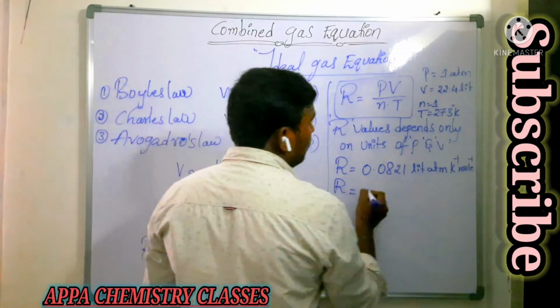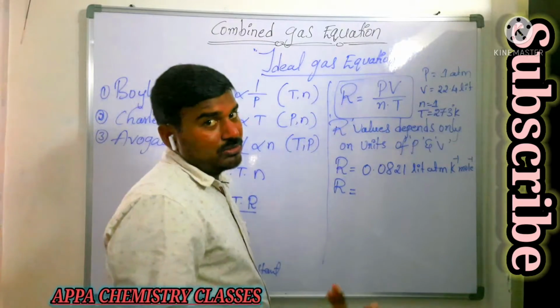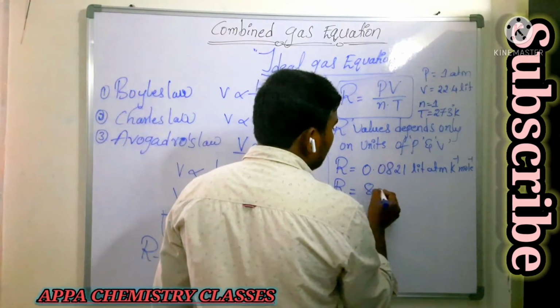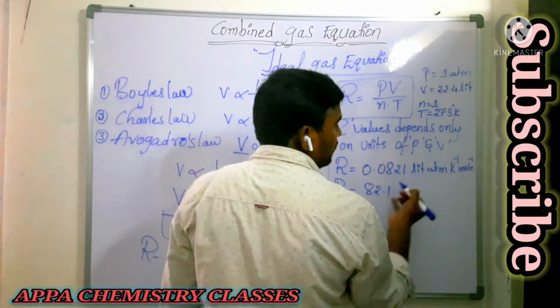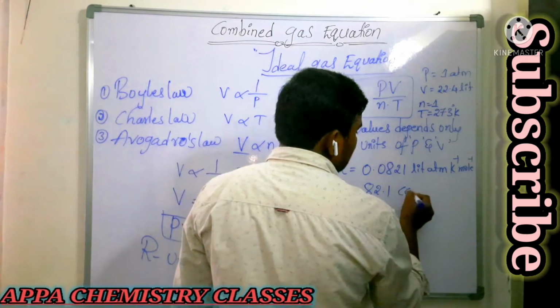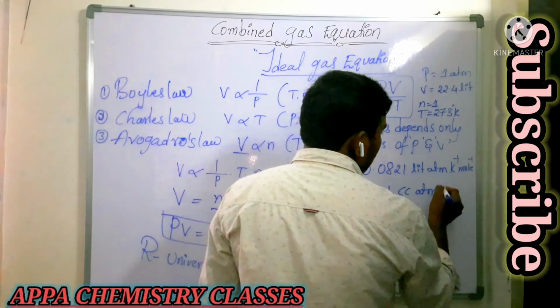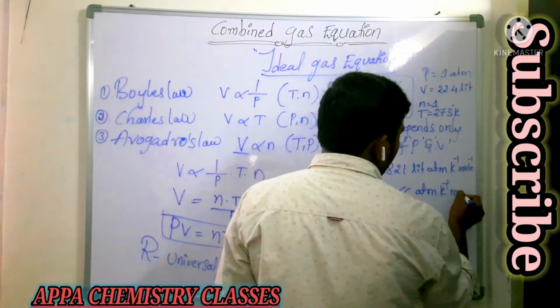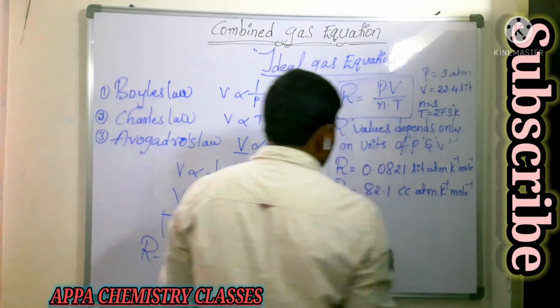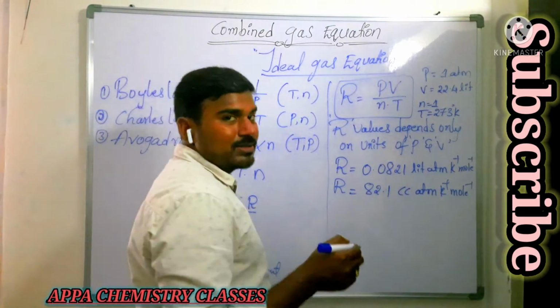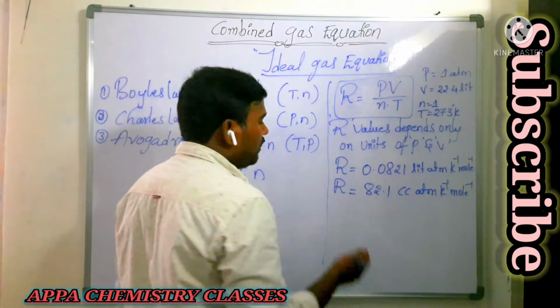If you take volume in terms of cubic centimeters, then it becomes 82.1 cc atmosphere per Kelvin per mole.